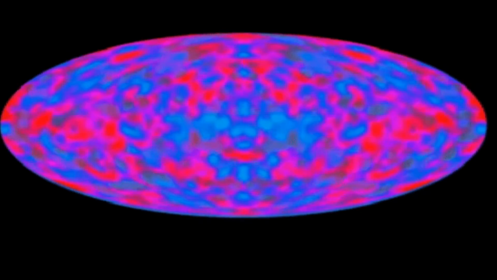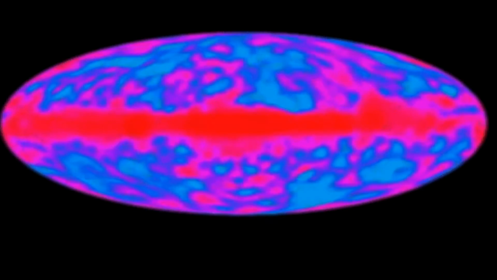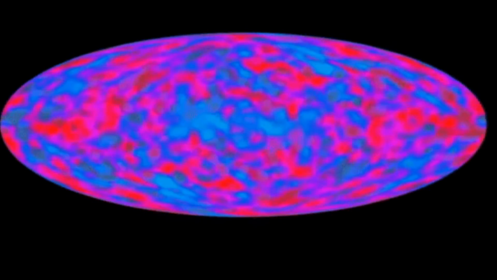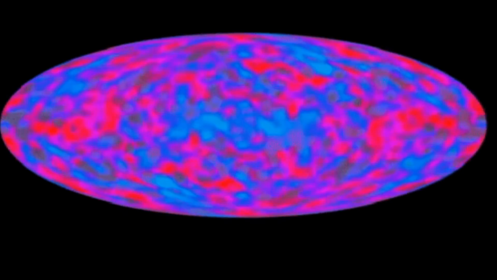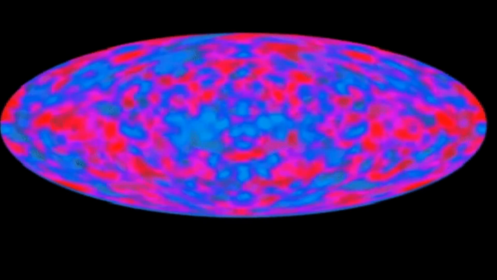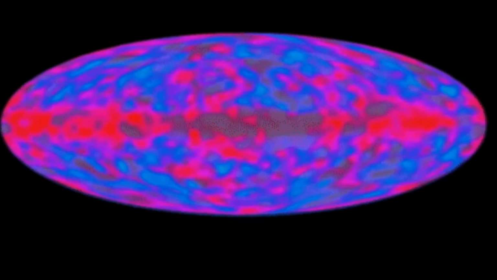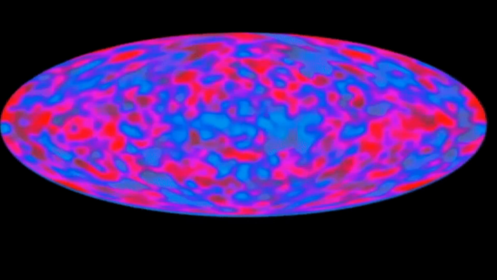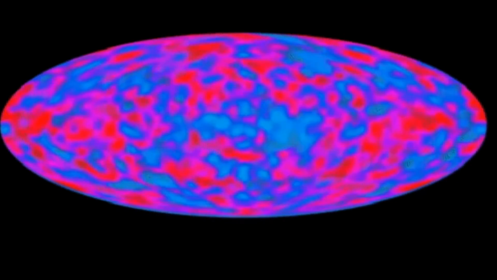And it looks something like this. This is the image finally compiled by WMAP, the Wilkinson Microwave Anisotropy Probe. They took many readings of the visible universe, and they see this cosmic background radiation throughout the universe, which was detected in the 60s by Penzias and Wilson.